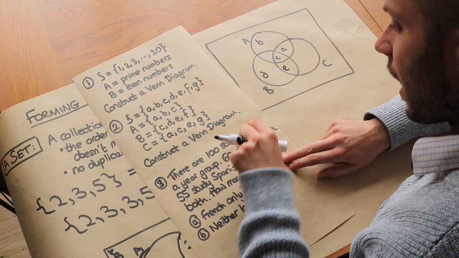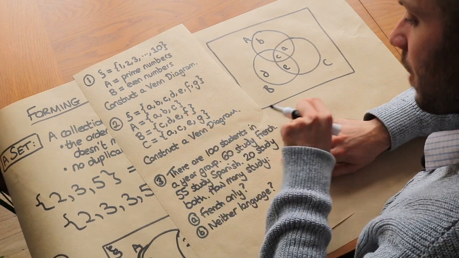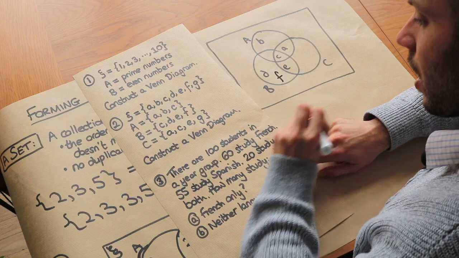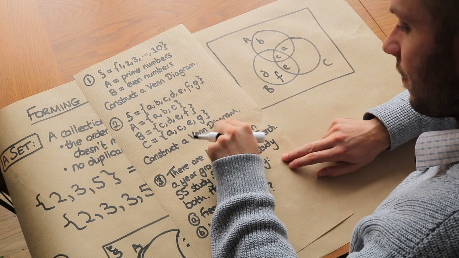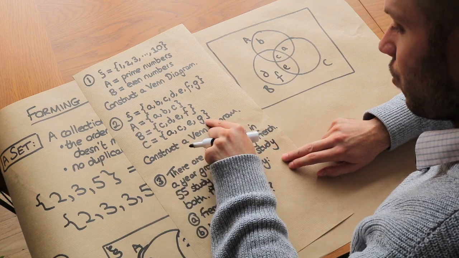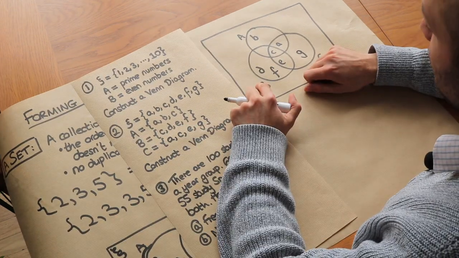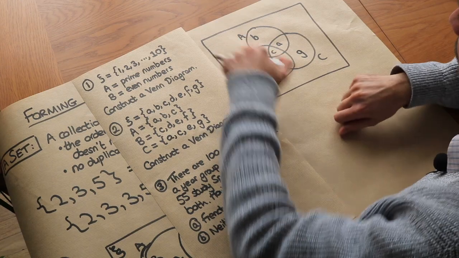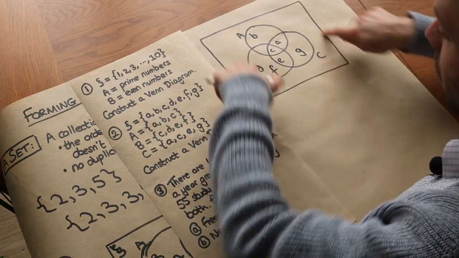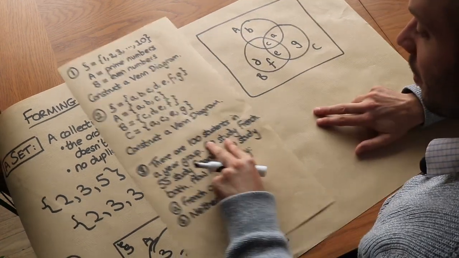What about F? F is only in set B. And what about G? G only appears in set C, so it's going to appear here. And interestingly, there's nothing that's in none of A, B or C, so we have nothing in the box outside. So we constructed our Venn diagram.